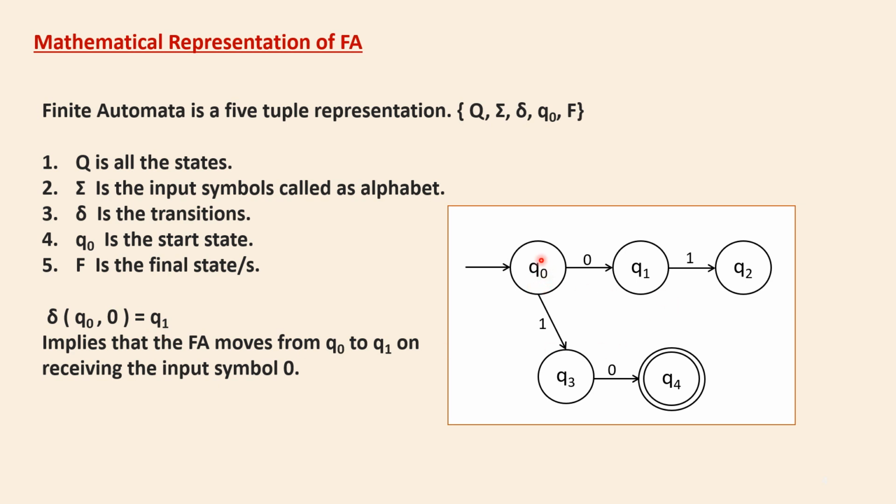So the machine moves to state Q1. Here Q0 is the start state because we can see there is an arrow pointing towards Q0 which says this is the start state, and here we call Q4 the final state.